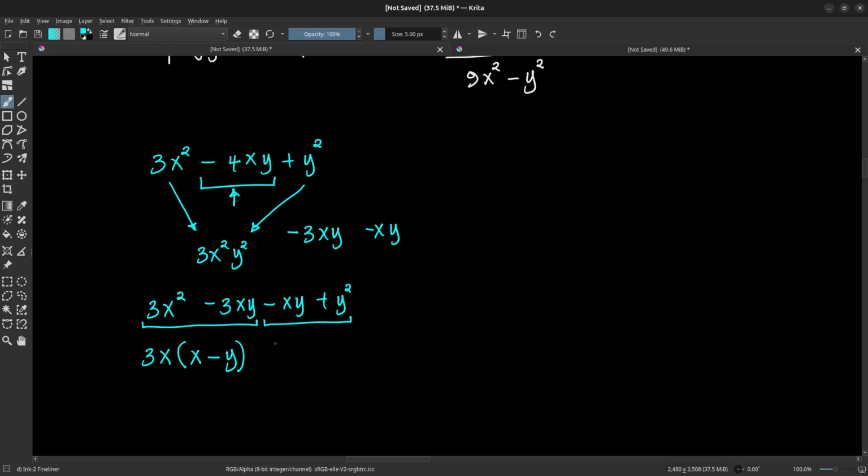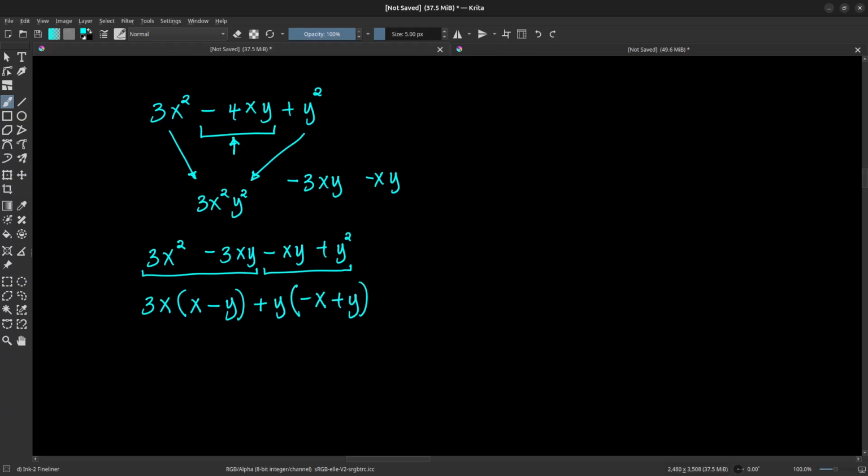Now, on the second pair, the common factor is y. So we factor out y: −xy divided by y gives us −x, and then y² divided by y gives us +y. Now we see on the first term we have x − y, but on the second term we have −x + y.